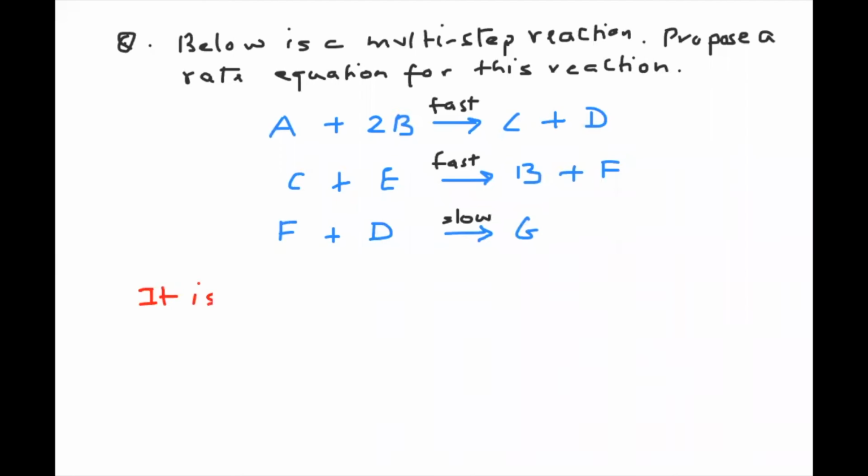The main thing to remember here is that just because you've been told the third step is the slow step, it doesn't mean that it's just F and D that appear in the rate equation.